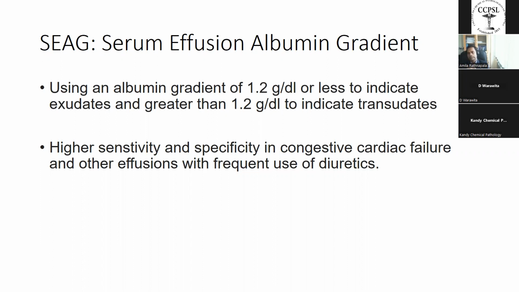If the gradient is less than 1.2 grams per deciliter, it is suggestive of an exudate, and if it is more than 1.2 grams per deciliter, it is more suggestive of a transudate. So in certain instances we use this SEAG in addition to the Light's criteria. We are basically differentiating whether it's a transudative or exudative effusion.